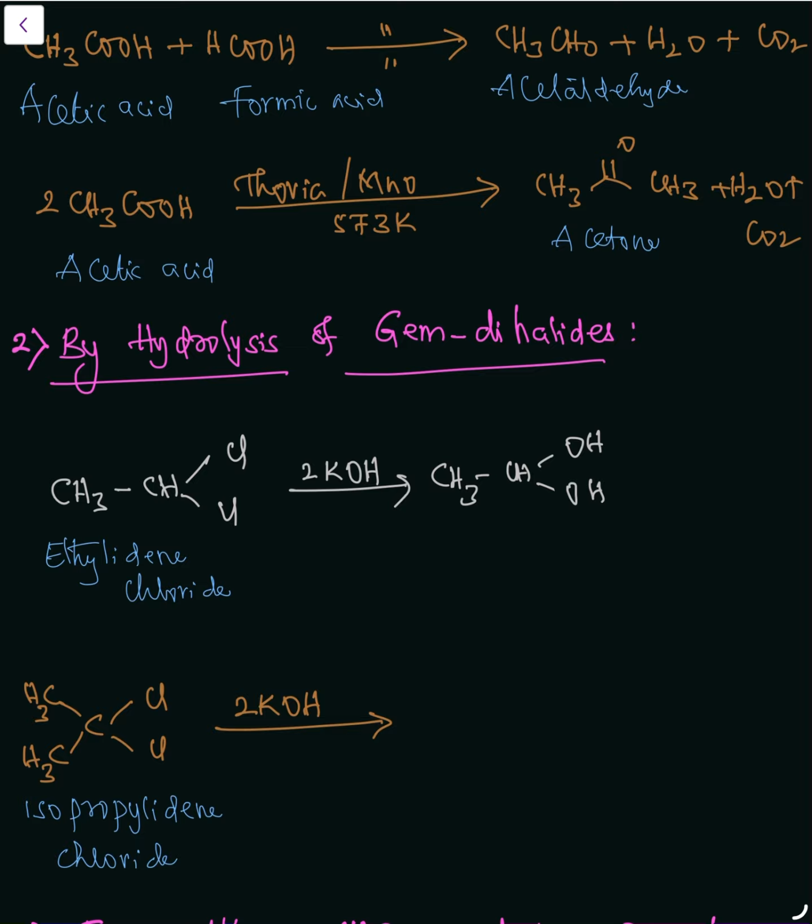This is an unstable compound which undergoes dehydration, that is removal of H2O takes place like this. Then the product formed is CH3CHO, whereas this is the unstable compound and this is acetaldehyde.